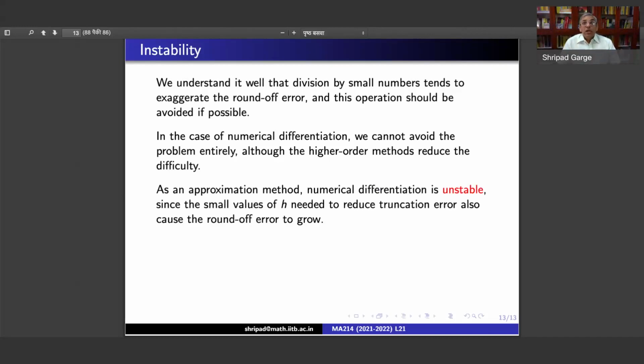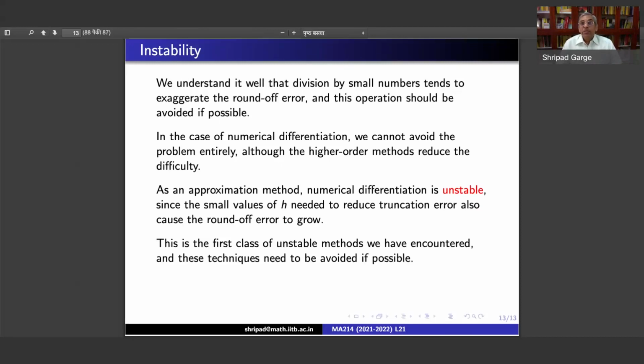These are what are called unstable numerical methods. This is the first particular example of unstable methods that we have encountered. We are likely to encounter many more, and in the ideal world, we would not use these methods, but these are very much important.